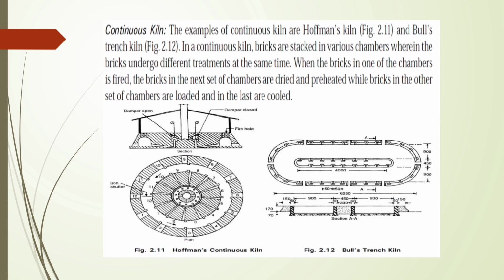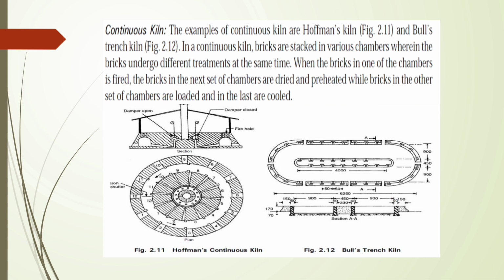Next, continuous kiln. Examples of continuous kilns are Hoffman's kiln and Bullstein's kiln. In a continuous kiln, bricks are stacked in various chambers wherein the bricks undergo different treatments at the same time.